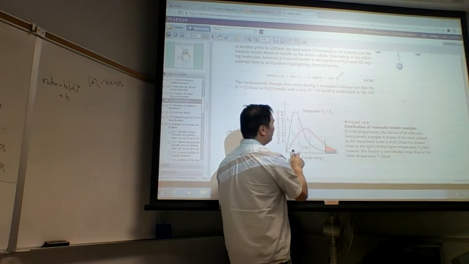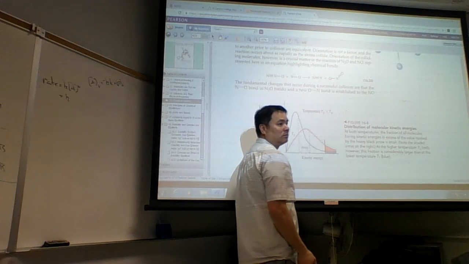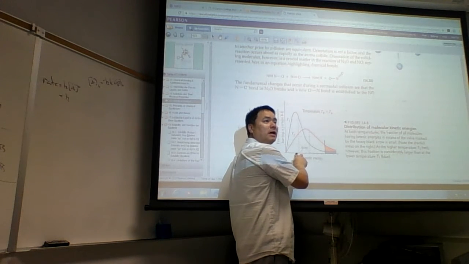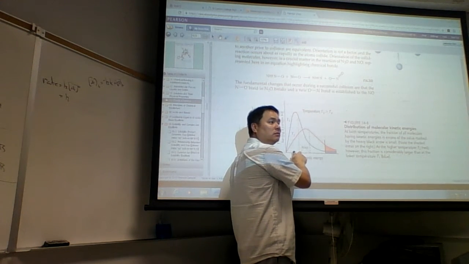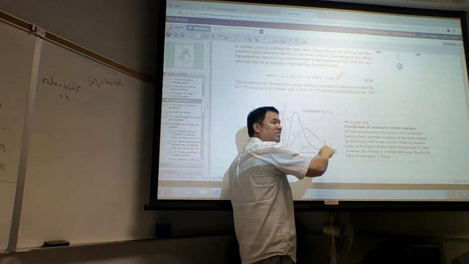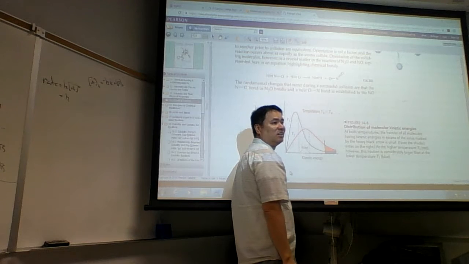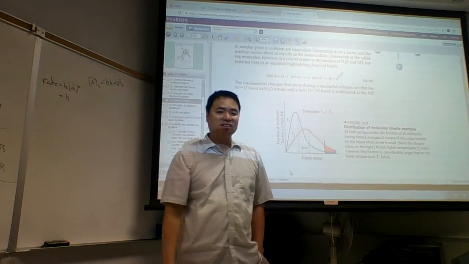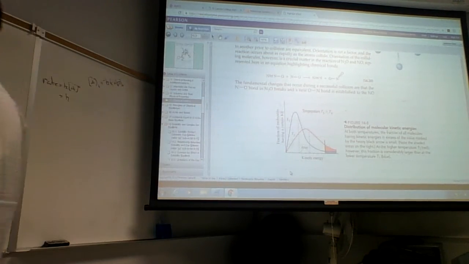And so we need to know the mathematics of the Maxwell-Boltzmann curve. Do you recognize the mathematical equation that would define this curve? What kind of curve is that? This is a common curve in chemistry.